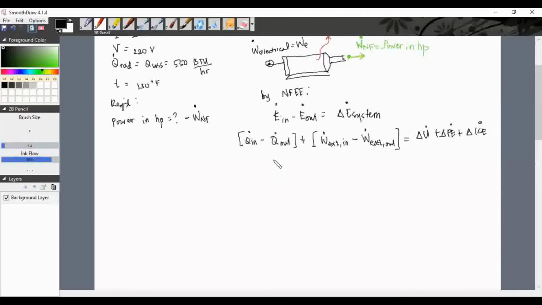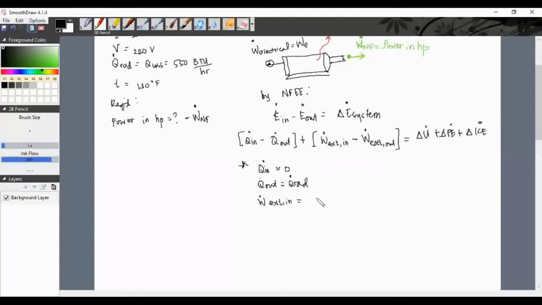Okay. So isayin natin. So take note. Note natin yung Q in mo is 0. Wala namang pumasok na init. However, yung ating Q out, ito yung Q rad natin. Okay? Next, we have the work external in. Ano yung pumasok na power or work?